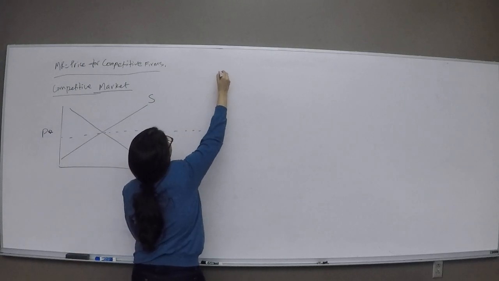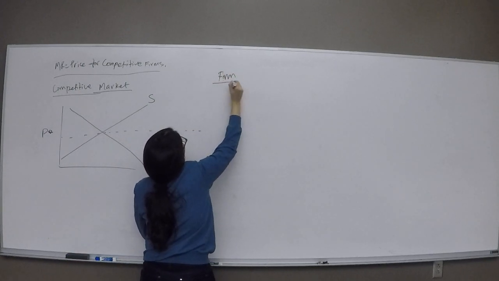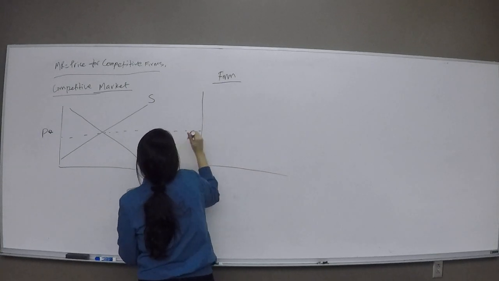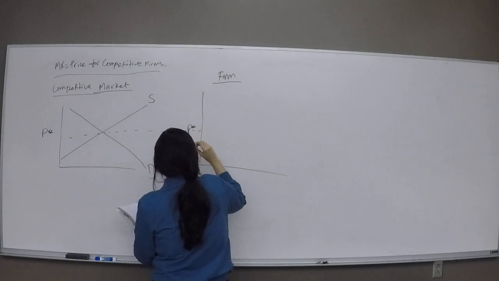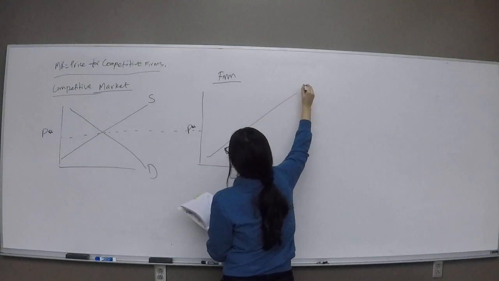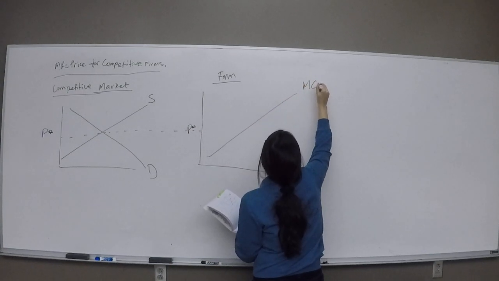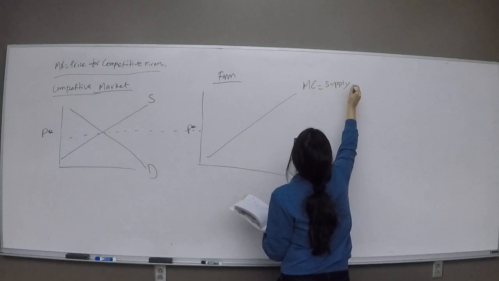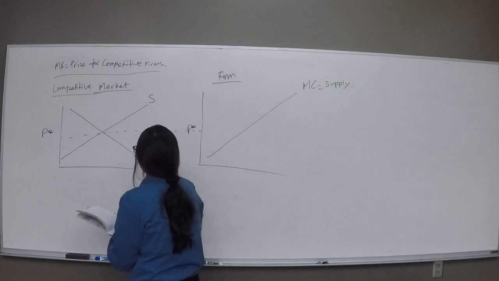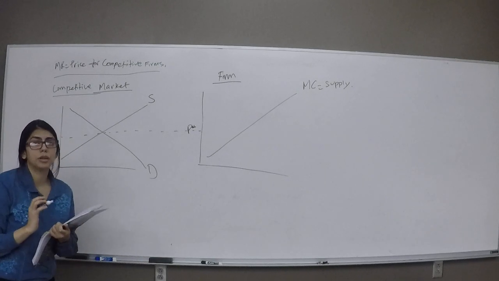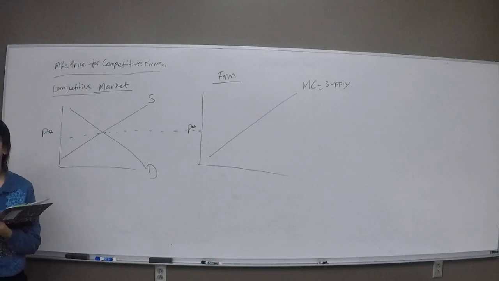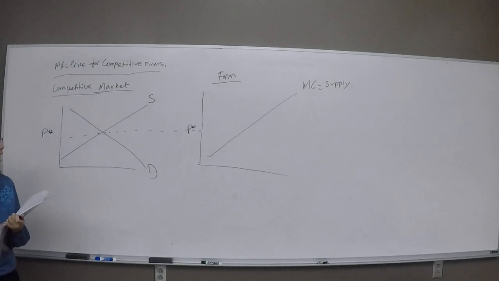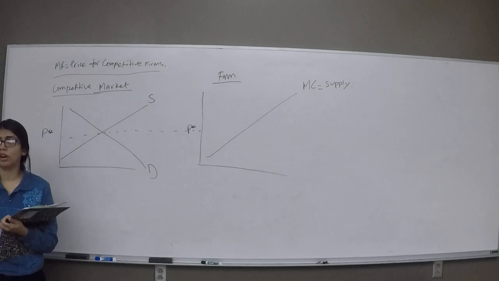Now, an individual firm in that competitive market will sell for that price that the market decides. This is going to be their marginal cost curve or supply curve. Same thing. They supply based on how much it costs them. Supply is based on cost. Demand is based on benefit.